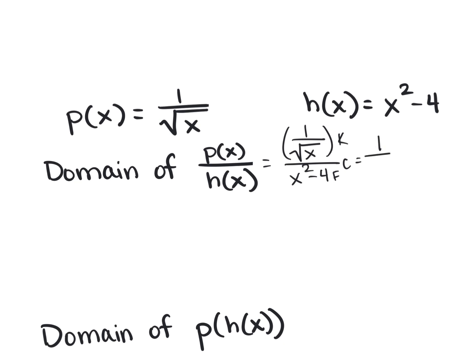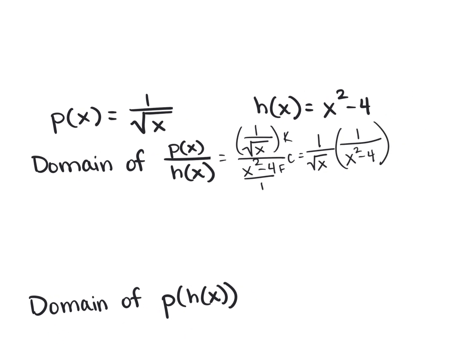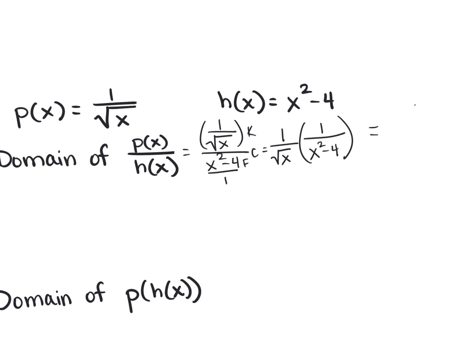So I'm going to keep 1 over the square root of x. I'm going to reciprocate x squared minus 4 over 1. So that turns into 1 over x squared minus 4. And when I multiply that, I would simply have a 1 in the numerator, and I would have one factor of the square root of x and another factor, which would factor into x plus 2 times x minus 2.